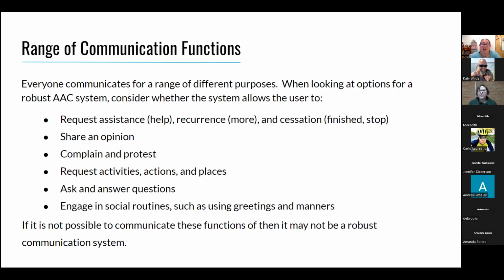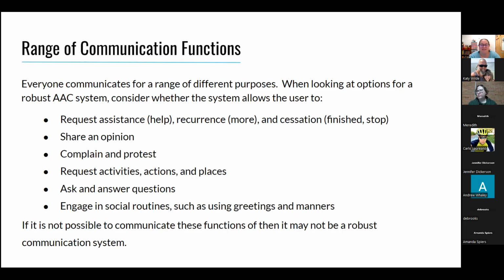And to tack onto that, I always have to run through my head, people are saying, oh, but I don't want this word on there. Can we take this word off? Or do we have to have this in here? And I always think, well, can I take it out of a speaking communicator's brain or mouth? And if the answer is no, then I cannot take it out of our AAC users' communication system.